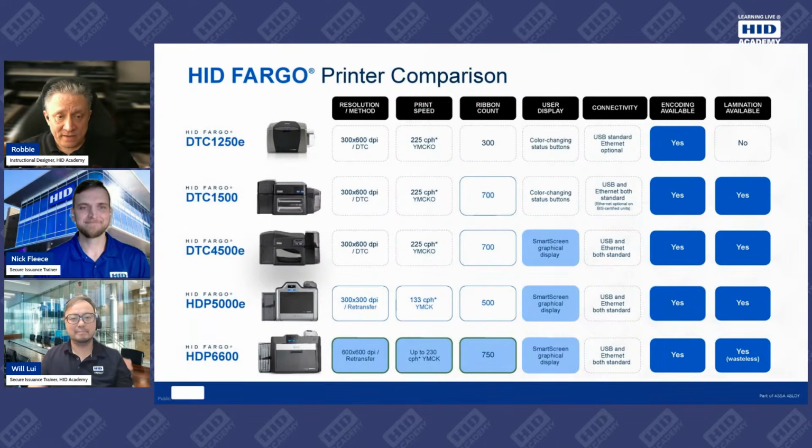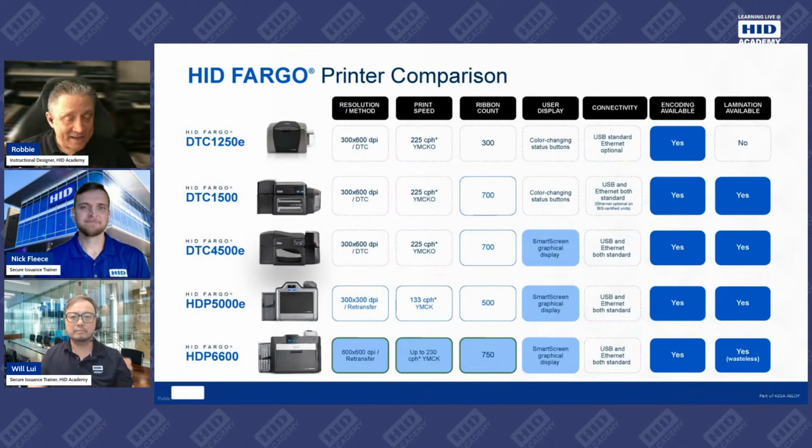So as you can see there, as Will pointed out, the DTCs do 225 cards per hour, and the HDP 5000 does 133, which is a little slower, but there's obviously a lot more going on there. So that makes the 6600's throughput at 230 cards per hour pretty impressive for a Retransfer printer. So you can just see that, appreciate the differences there. But I just wanted to make sure that we were clear on the 3-letter acronyms.